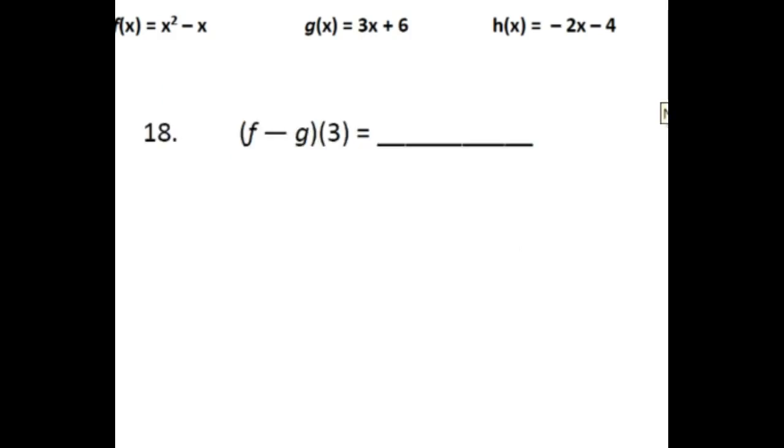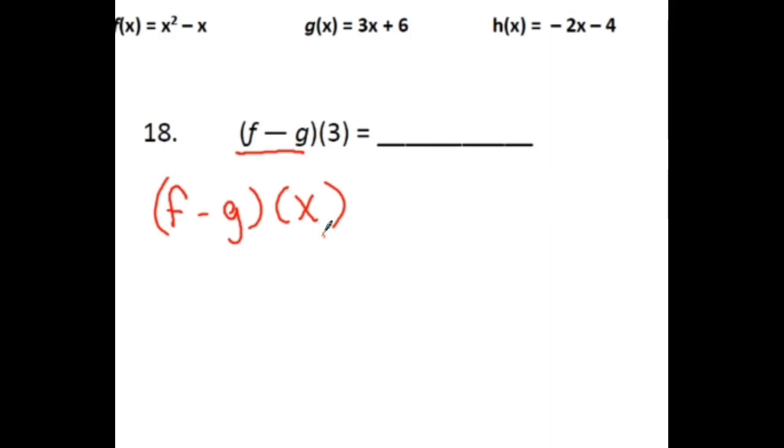What does this mean? Subtract these two functions and then input the number 3. f minus g of x, we already did that in a previous problem.